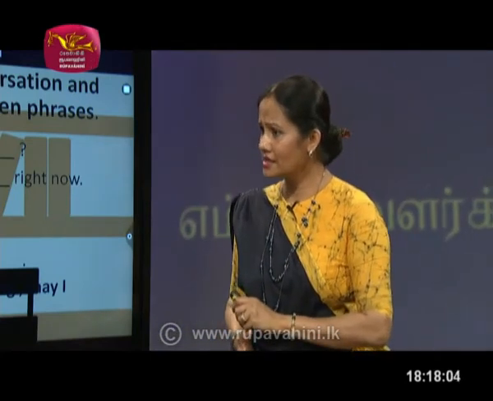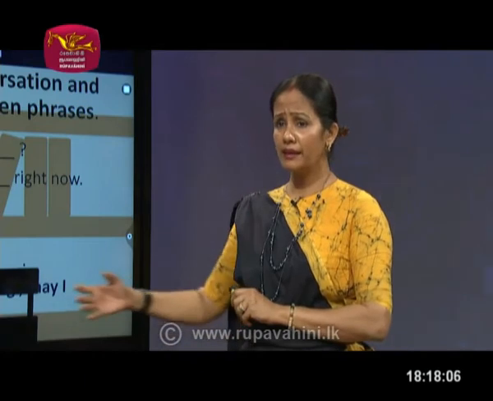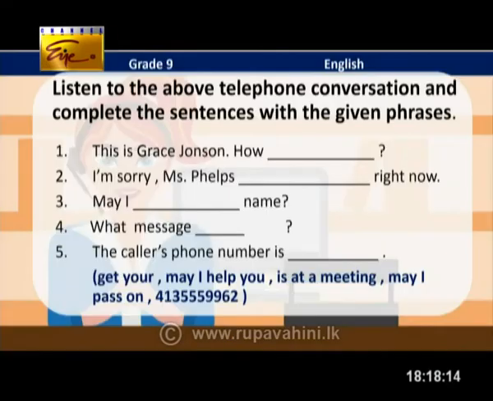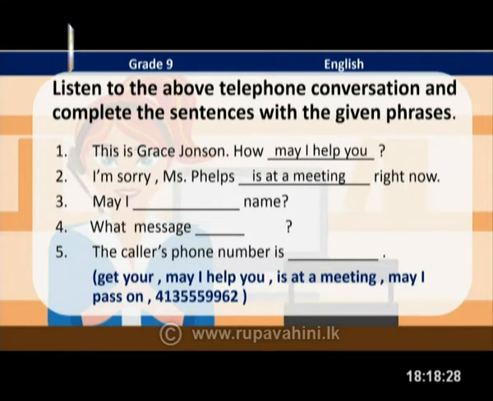Shall we check the answers? Yes. And the answers are given down. The given phrases are given. So shall we check, children? Yes. This is Grace Johnson. How may I help you? Number 2. I'm sorry, Miss Phelps is in a meeting right now. May I get your name?